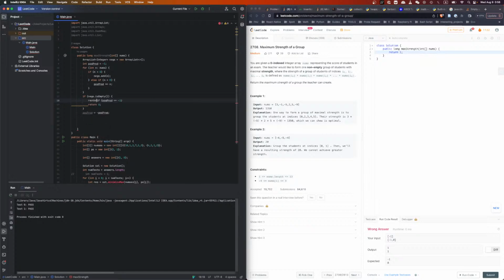So we can say return, right? Is this equal to this? If it is, we'll return 0. No positive. Else, that means we have some positive and then we have 0. Then we return minus this. Okay?